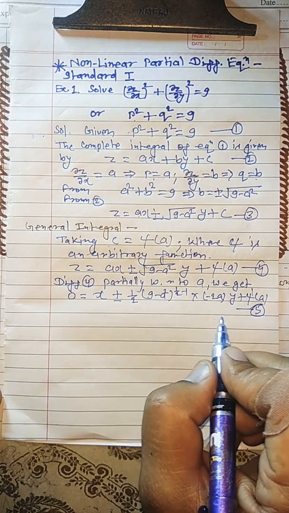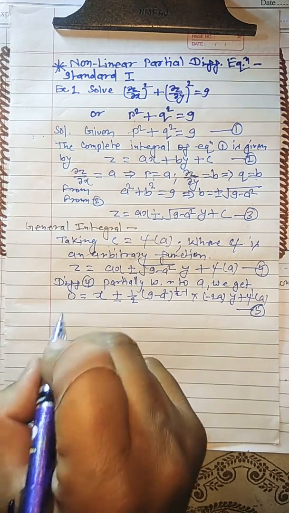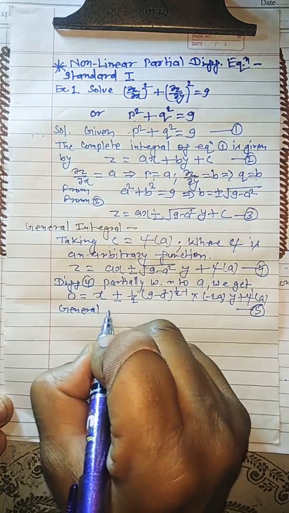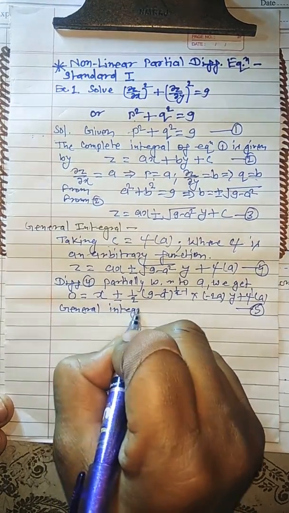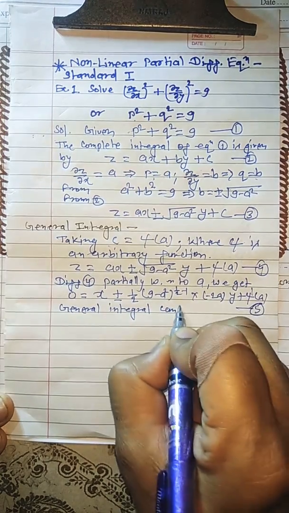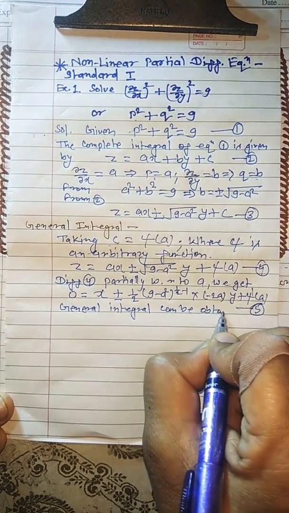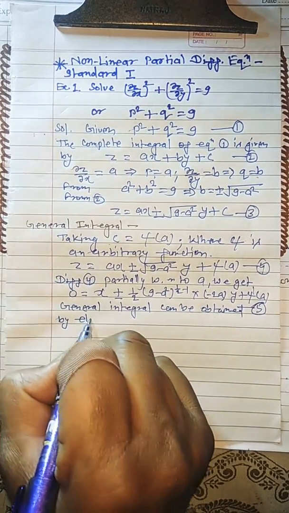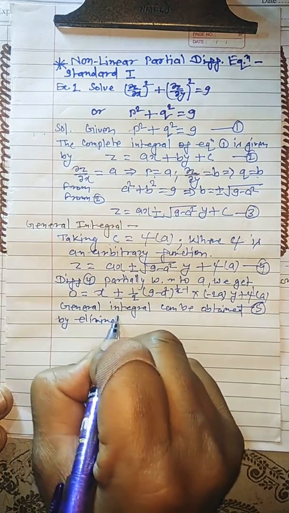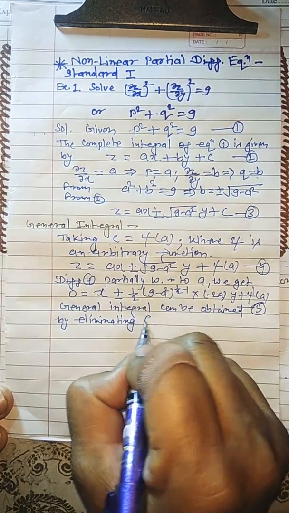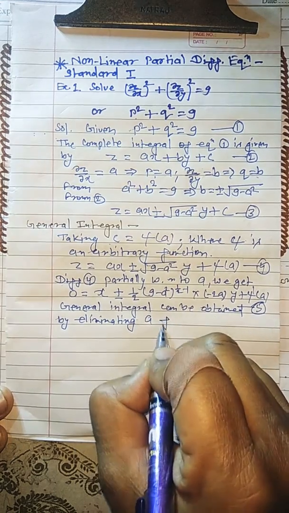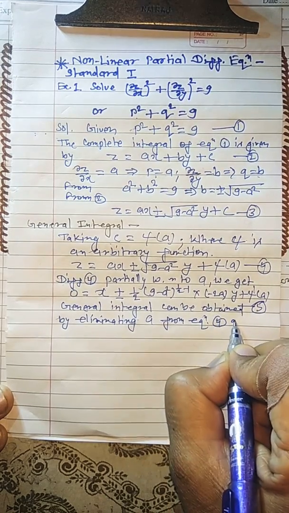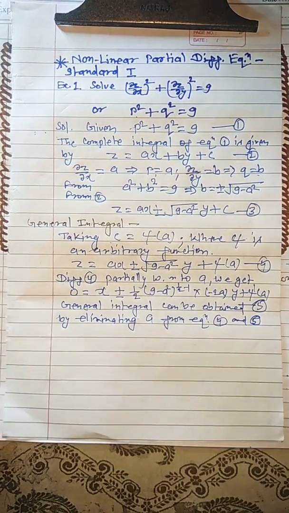Okay. Next we have to eliminate. Here general integral can be obtained by eliminating a from equation 4 and 5.